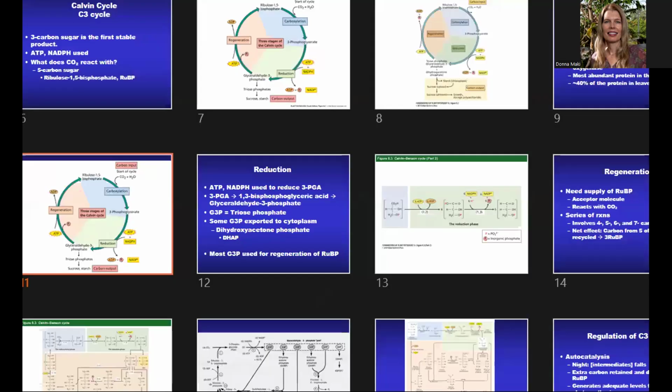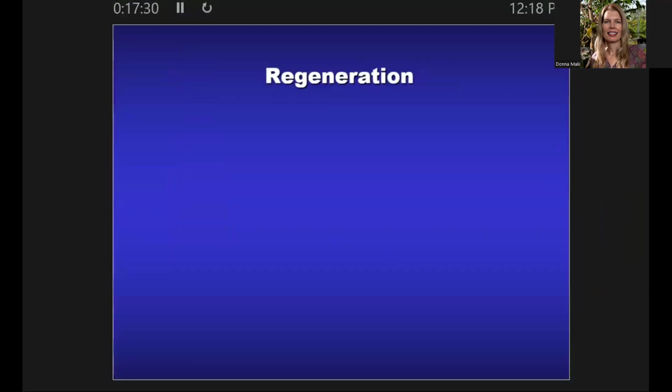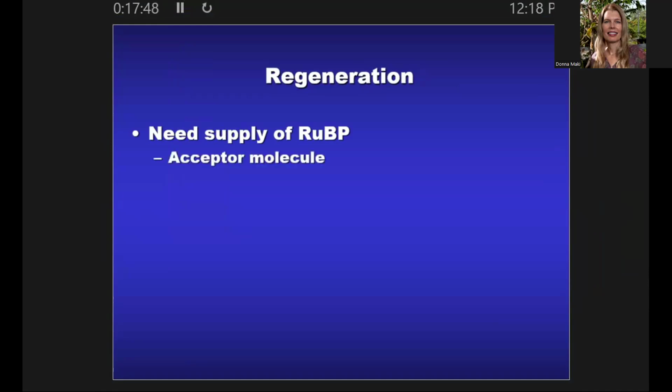But basically, when you think about it, the Calvin cycle has to be completed. You have to get back to RUBP so that the plant all day long has its, hopefully if everything's going okay, stomata are open, CO2's coming in. It has to have enough RUBP to react with, or everything starts to fall apart.